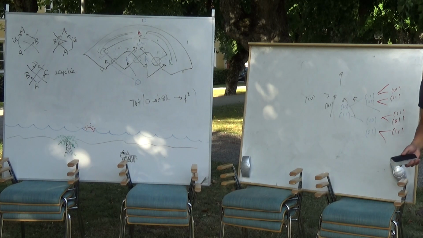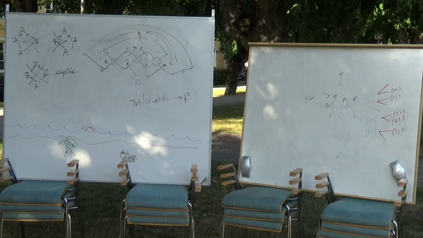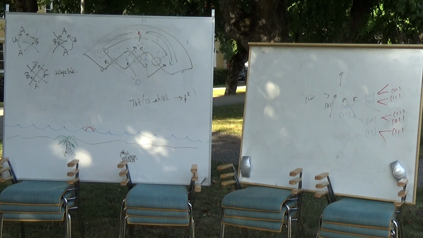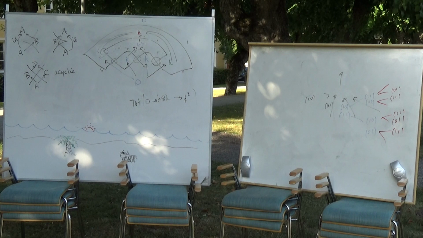Can I add something? There's a nice way to generalize this to other fields besides Z mod 2. Essentially what you need is 5 vectors in k squared that are arranged in a circle so that any 2 consecutive ones are not proportional.